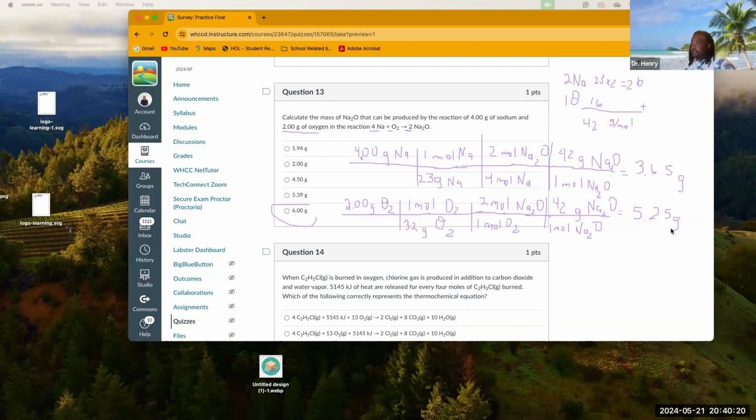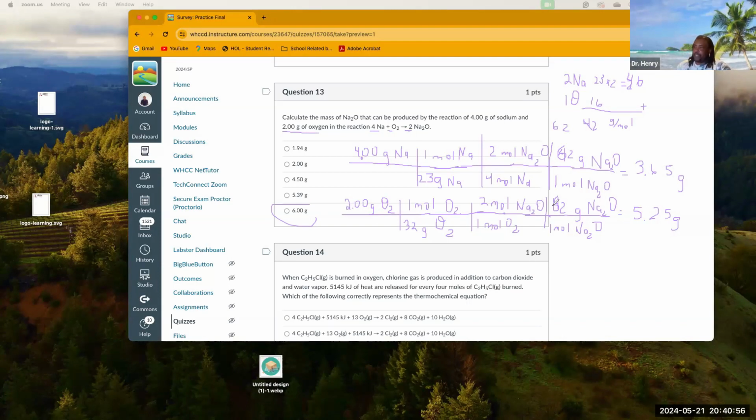Let me check something. Oh, sodium oxide up top. So it's 23 times 2. So that should be 46. That's the sodium, plus the oxygen would be another 16, right? Yeah. So 46 plus 16, so that's 62. So this should be 62, not 42. If I could do math.